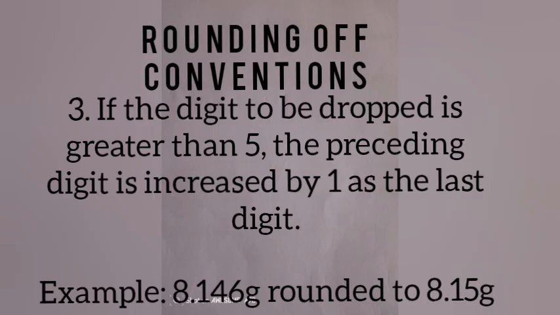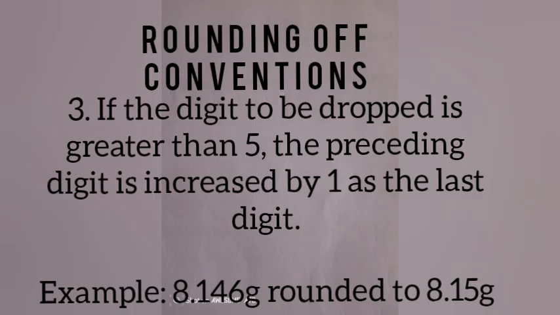That if the digit you are to drop is greater than 5, what you are expected to do is drop that digit and increase that preceding digit by 1, irrespective of whether it is an even or odd digit.